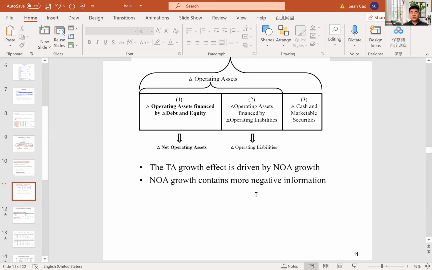So NOA growth will be more associated with future negative performance and stock returns compared to total asset growth. That's the theory we have here.